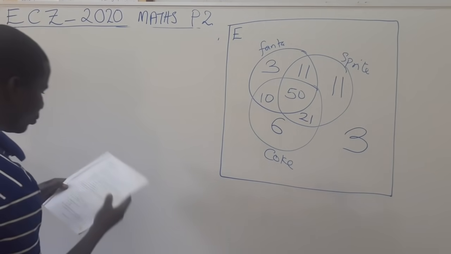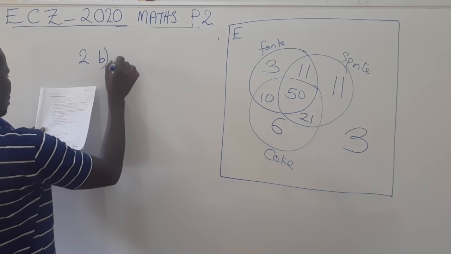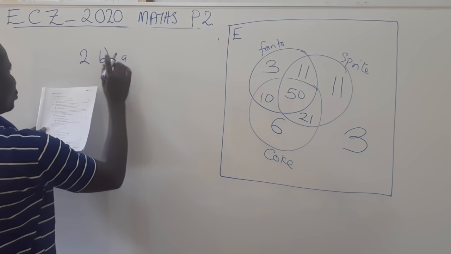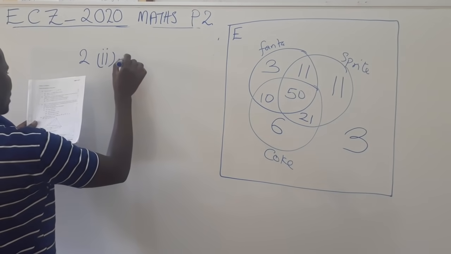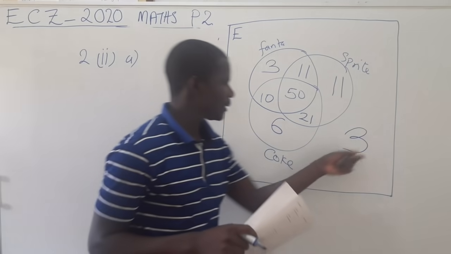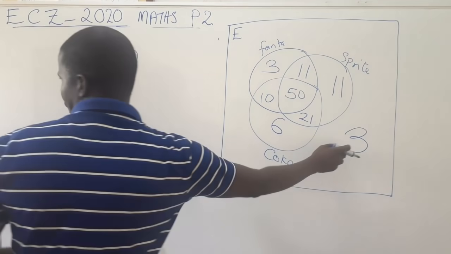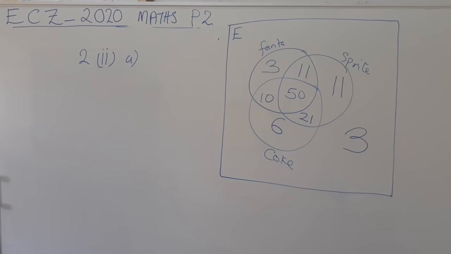We have 2B, then A. How many students took none of the drinks? As you can see from the diagram, none of the drinks, there were 3.